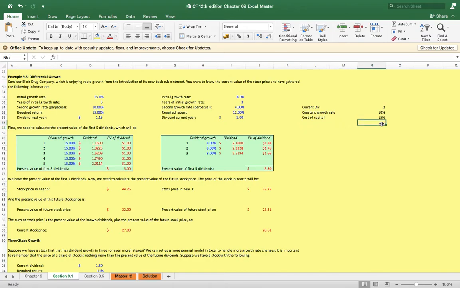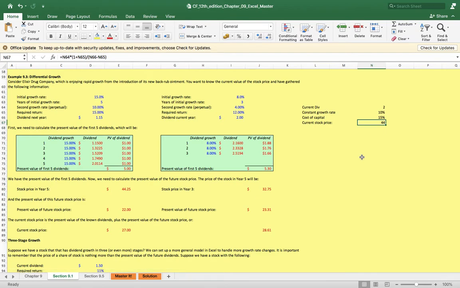So the valuation of the stock will be the current dividend multiplied by 1 plus growth rate, divided by R minus G. R is 15% minus G is 10%, will be 44. The current stock price will be $44. So this is too straightforward.